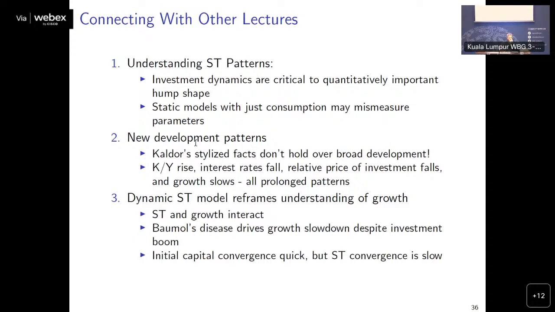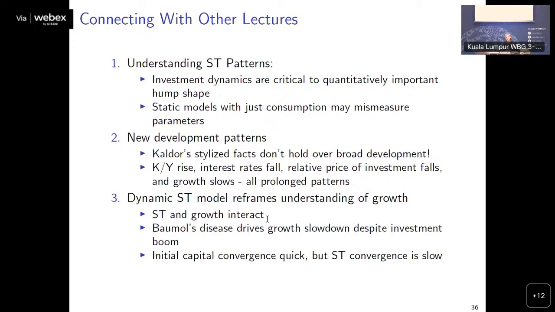I've presented to you new development patterns. The takeaway message is that Kaldor stylized facts don't hold over broad development. In particular, K over Y is not constant, it rises, interest rates fall, the relative price of investment falls, and growth slows over development. And lastly, this dynamic structural transformation model reframes our understanding of growth. Growth and structural transformation are intimately related.